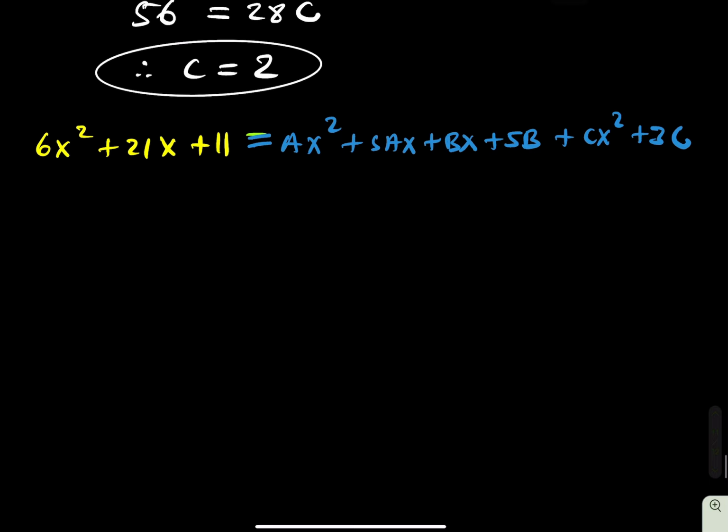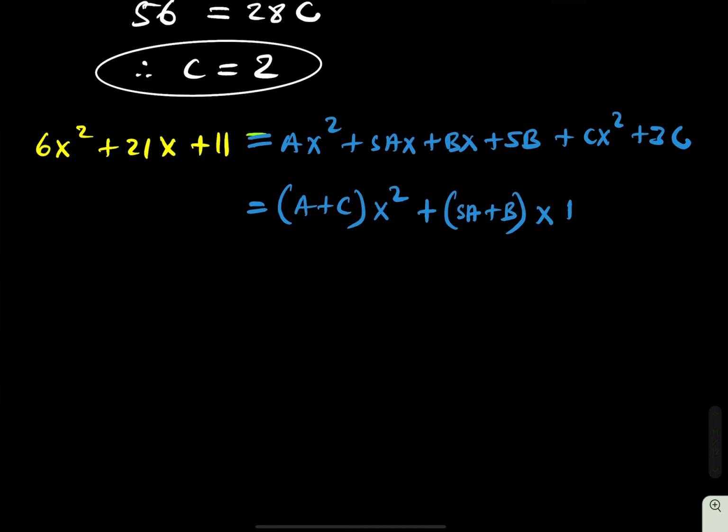You group the x squared terms, that is going to be a plus c, all times x squared. These two terms have the x, so you're going to have 5a plus b, x there. Finally, your constants are going to be 5b plus 3c.